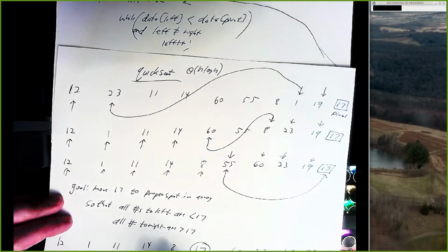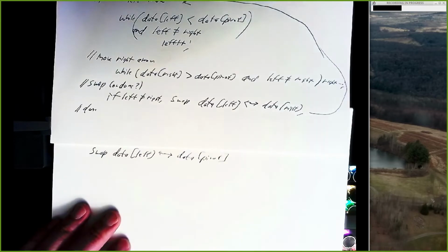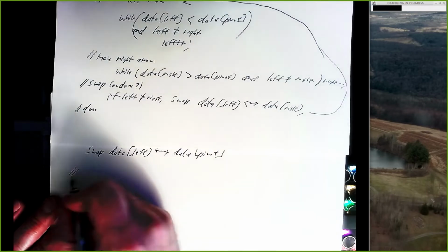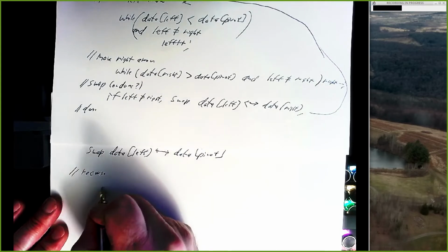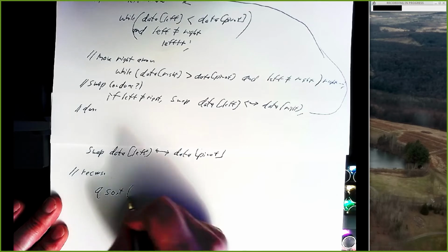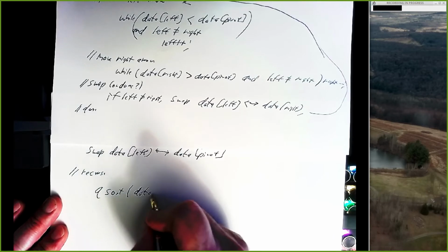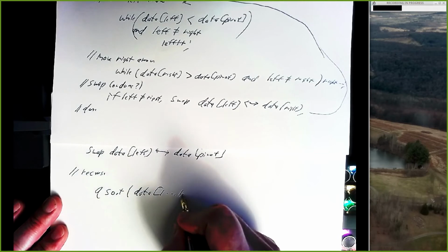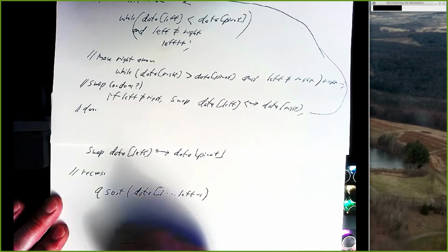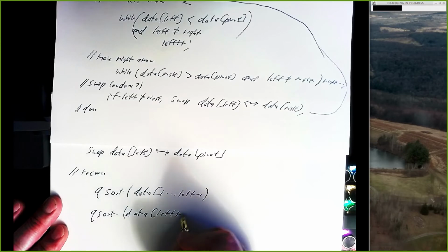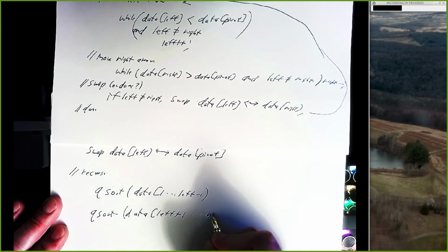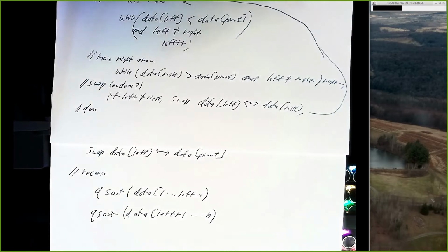And now we need to sort these numbers and these numbers. And I'm going to do that with quicksort. So we do some recursion, and I'll say qsort data 1 to left minus 1, and then qsort data left plus 1 to n, and we're done.